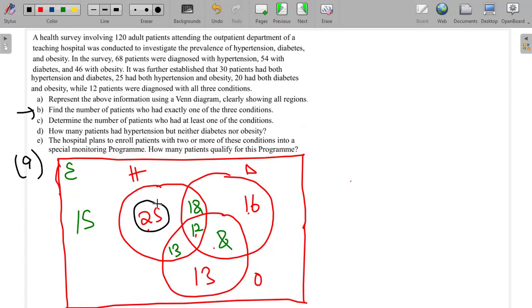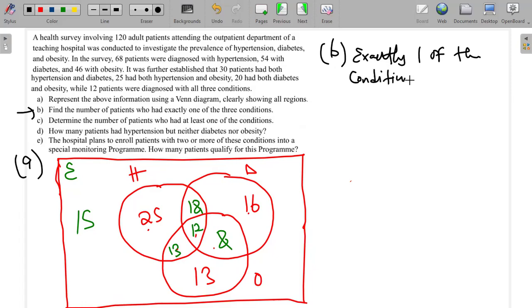So those who had exactly one of the three conditions, we're just going to add these numbers: 25 plus 16 plus 13. So this will just be equal to 54.